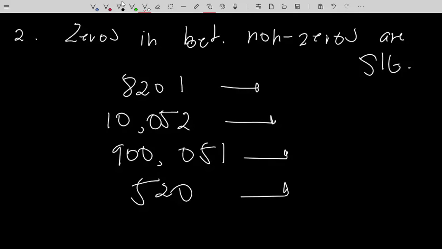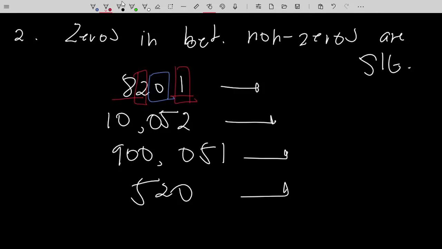In your first example, 8,201, the first thing to do again is to count all the non-zeros. Here we have 8, 2, and 1. Now how about the 0 here? This is an example of an in-between zero, located in between non-zeros, your 2 and your 1.